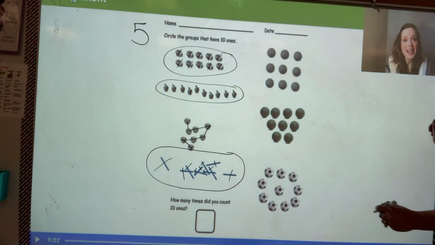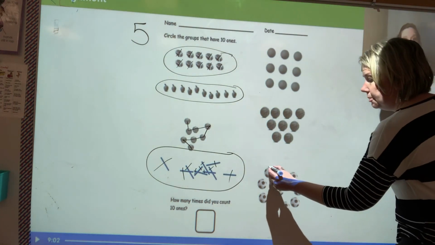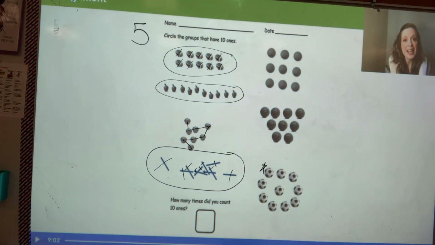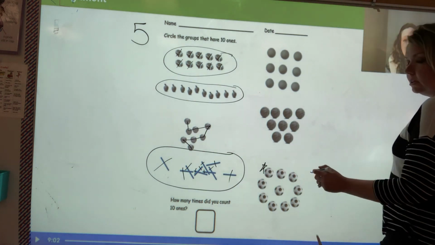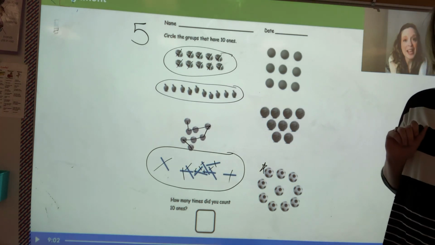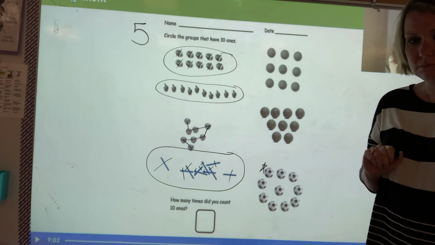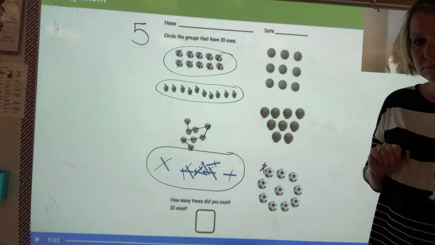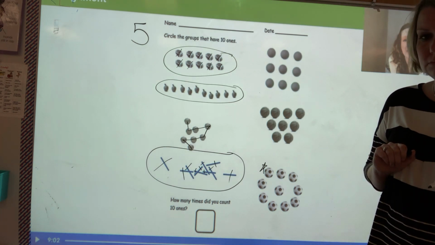I think with the soccer balls, I'm going to put a star next to the soccer ball that I started with. Miss Kay, I have another strategy. You can use your hand to put on the soccer ball, and then you say 1, and keep counting.